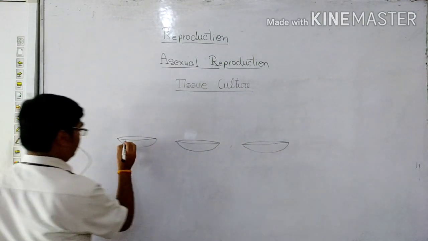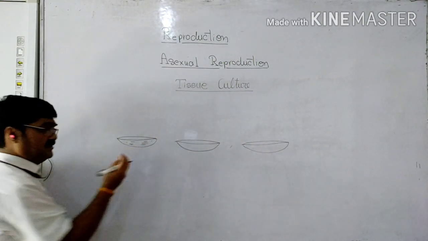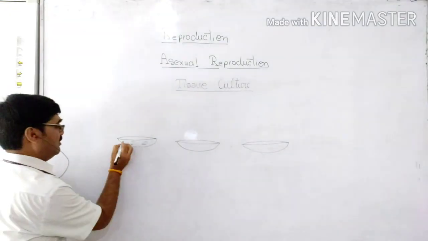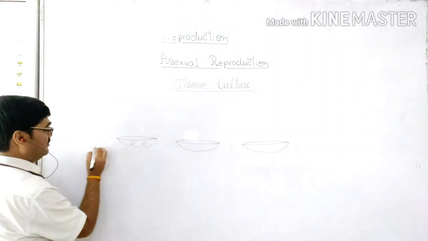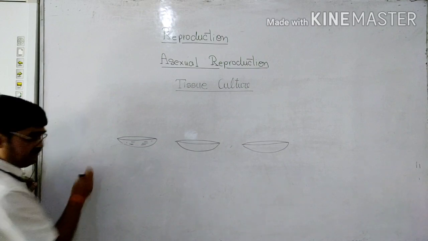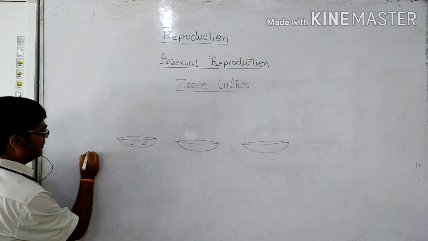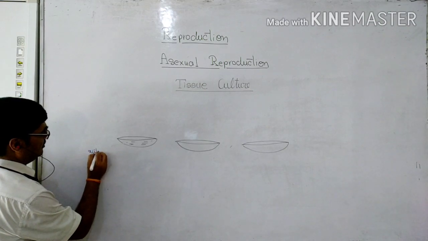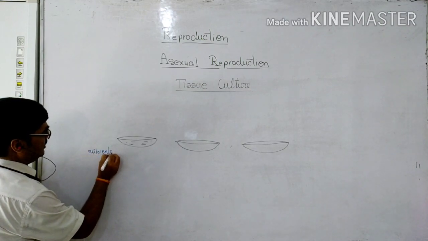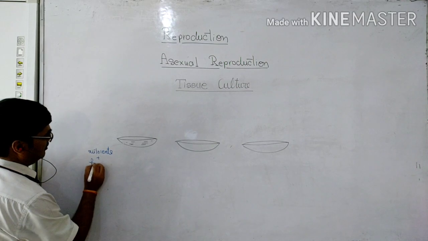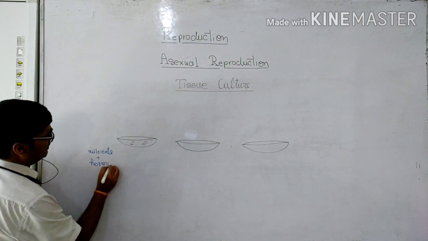In the first, we have taken a mixture of nutrients plus hormones. This is called the culture medium.